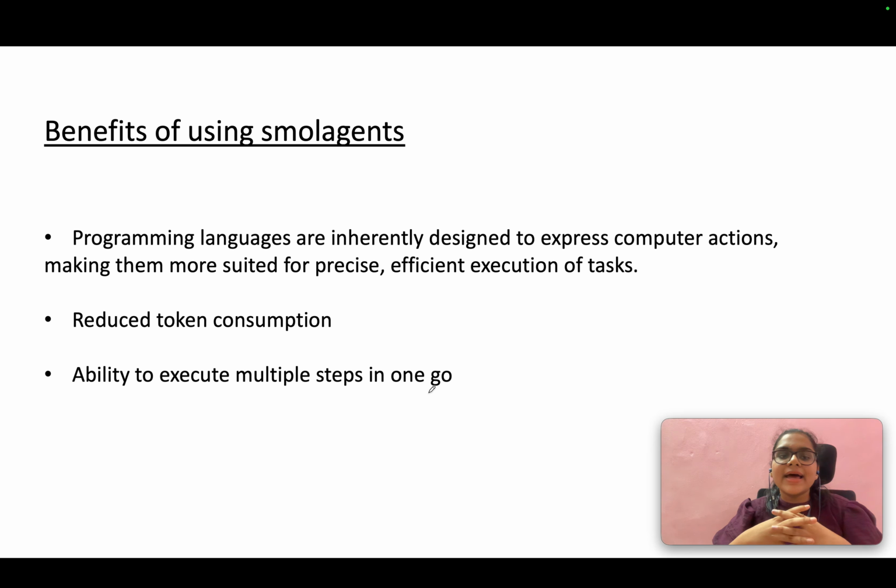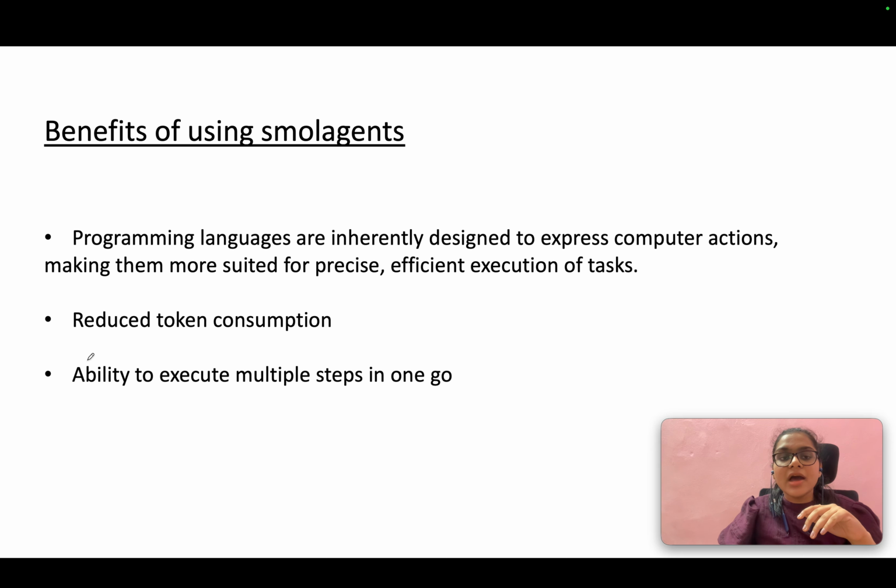We all know that programming languages are developed so that they can be easily understood by the computer. Since we are generating the actions in code format, the agents will be able to better understand these actions and efficiently execute the task compared to traditional tool calling using the JSON format.